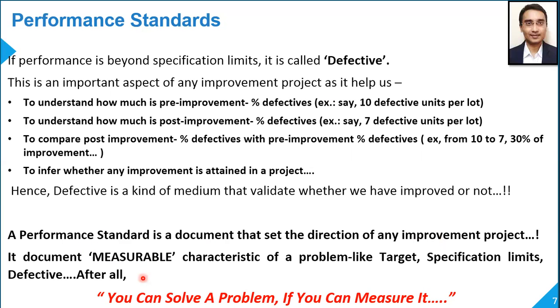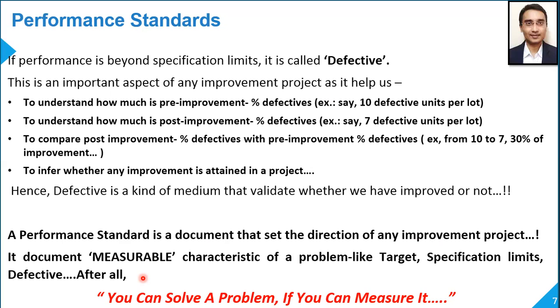So the performance standard is a document that has measurable characteristics of the problem, like target, specification limits, defectives. And when we can measure the problem, ultimately we can solve the problem.